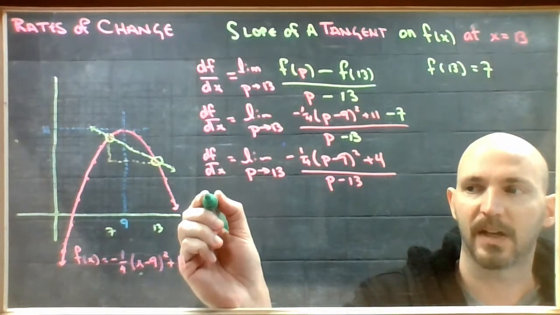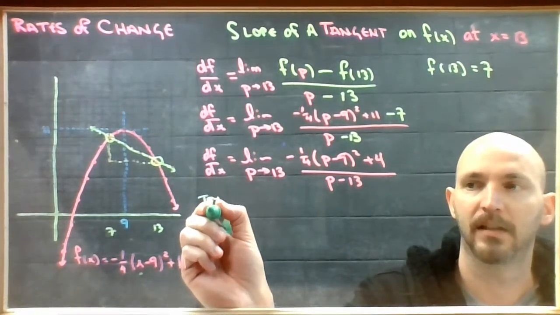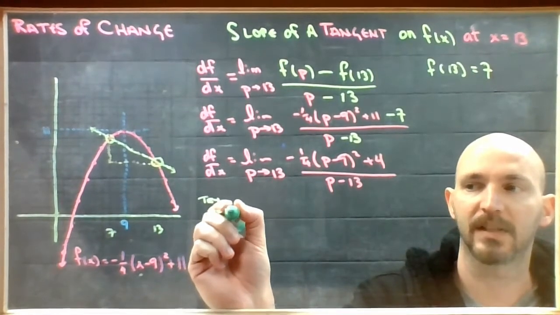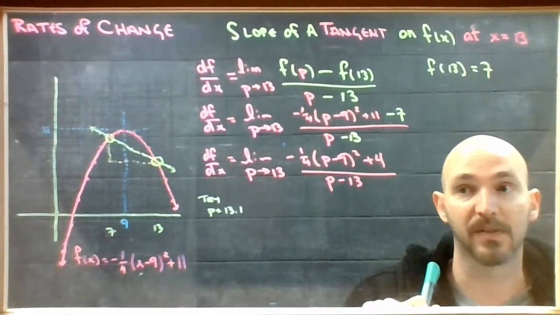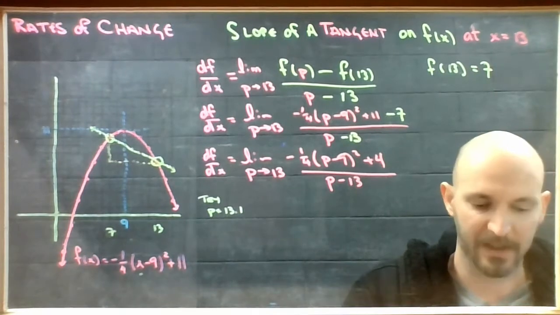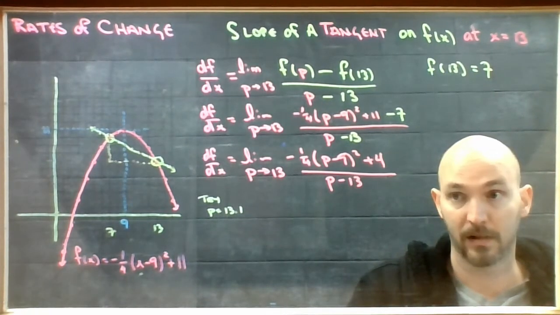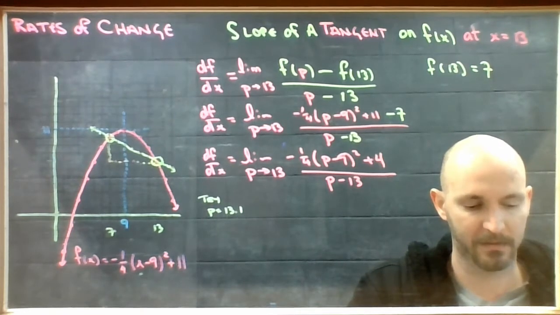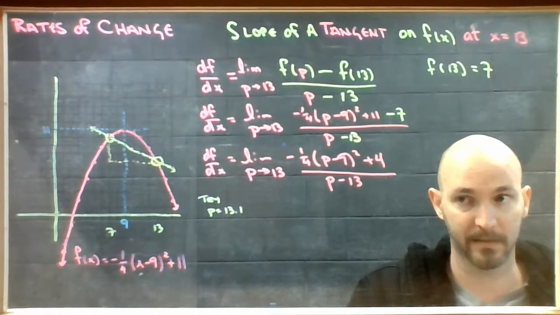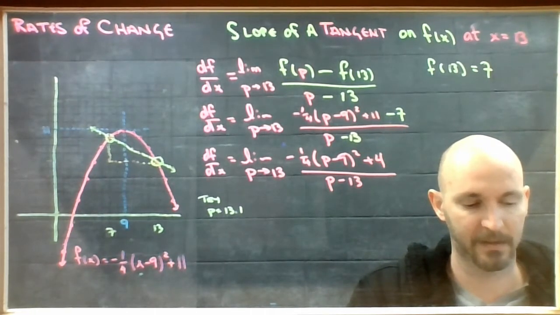So I'm going to try p is 13.1. That's really close to 13. So if I try that, let's see, 13.1 minus 9 is 4.1. Square it, I get 16.81. Divided by 4, I get negative 4.2025.